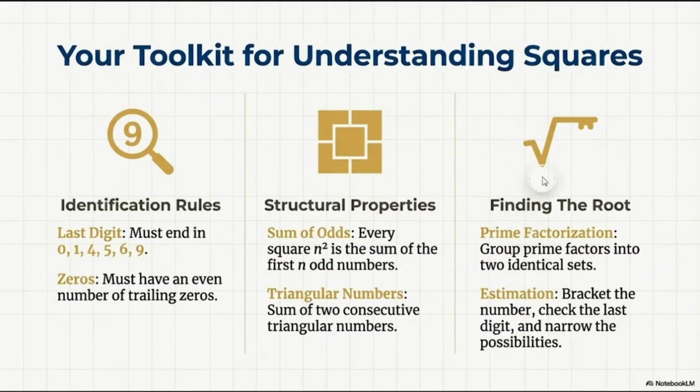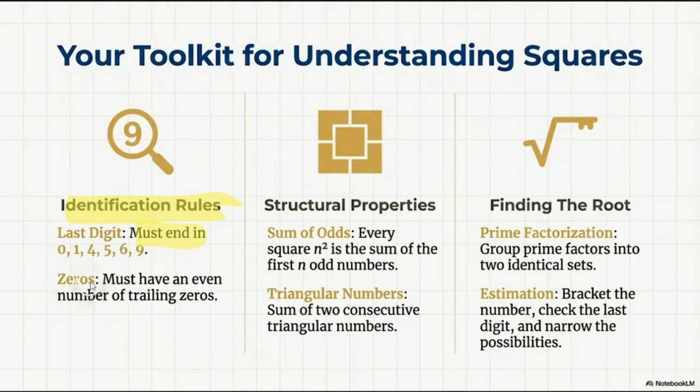Okay, so till now, when we discussed the square, what have you learned? First, you have learned how to identify whether a given number is a square number or not. It must end in 0, 1, 4, 5, 6, 9.